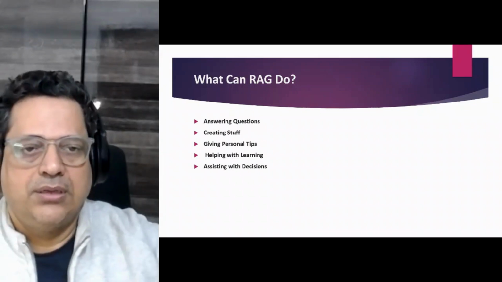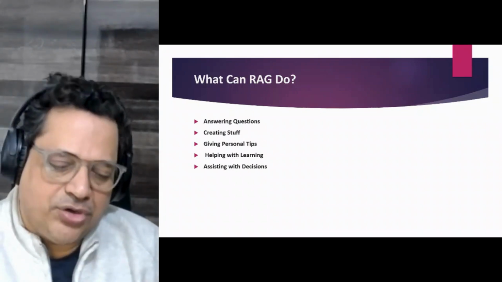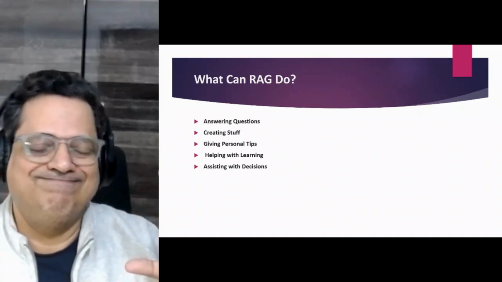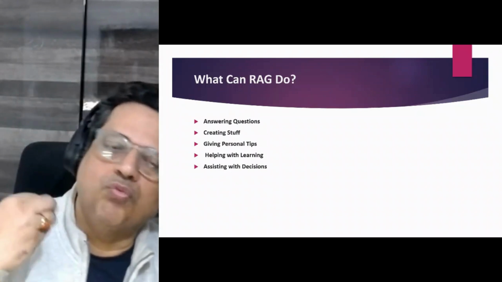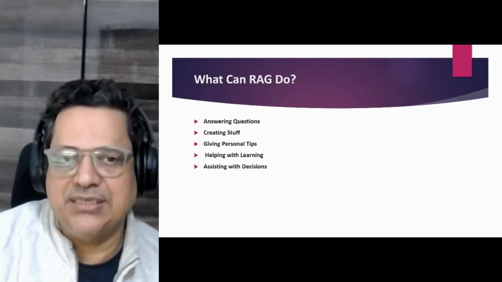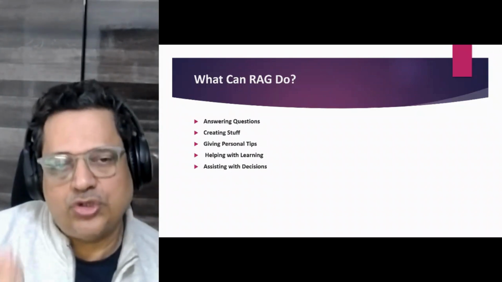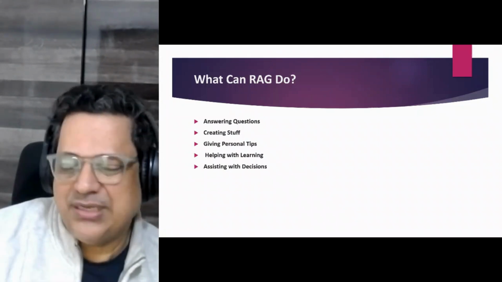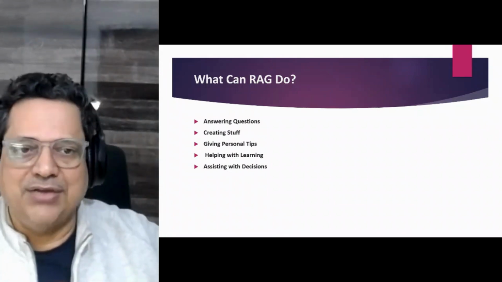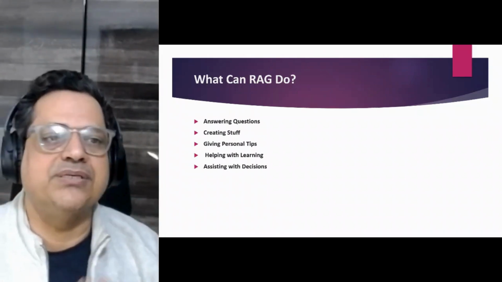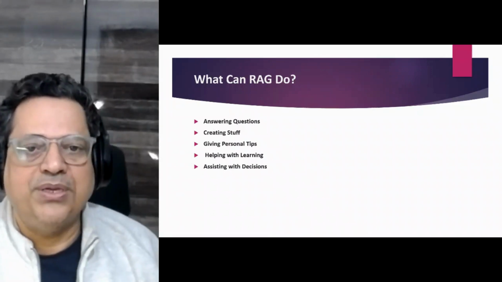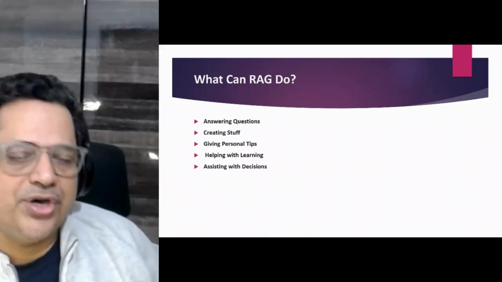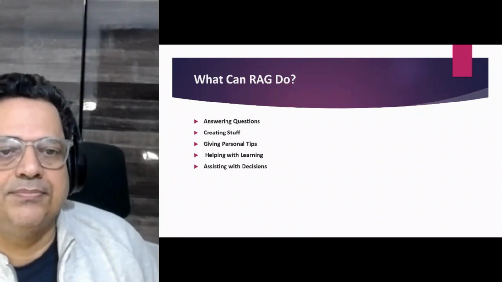You can even create stuff based on the knowledge base. So it's not only answering your question. If you want creative stuff from the assistant, that is also possible using RAG. Third is giving personal tips. Whether it is shopping or planning a trip, RAG can give you tips that fit your style and your preference.